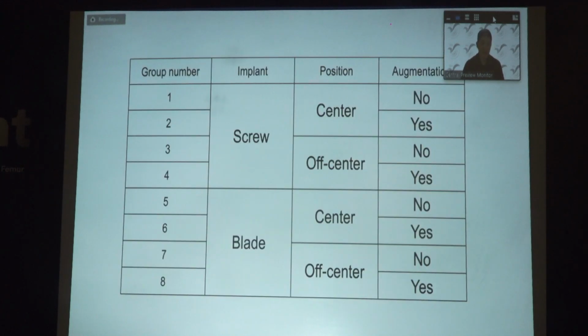So they have 8 groups. The implants were screws and blades. The position was center in 4 cases and off center in 4 cases. And they were divided into the cement augmented group and non-cement augmented.